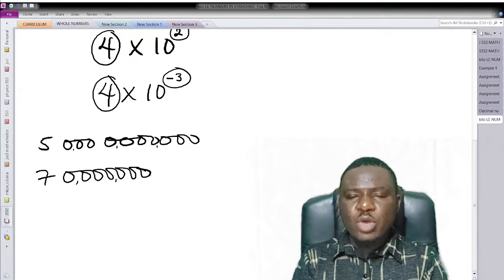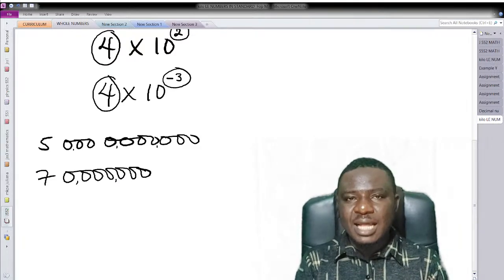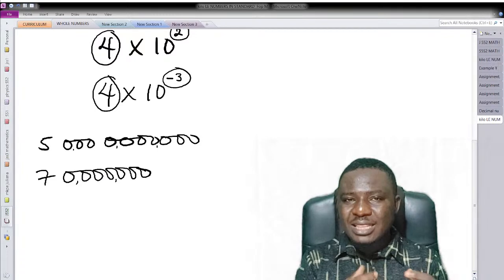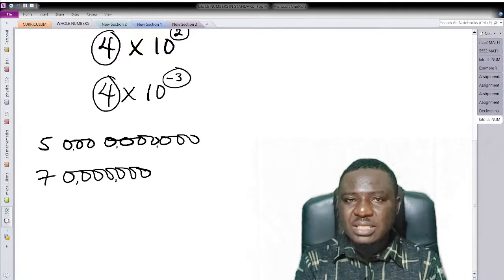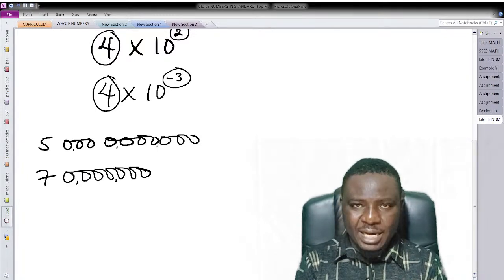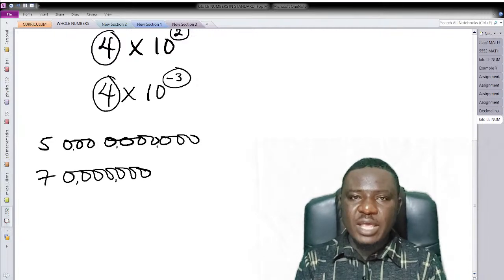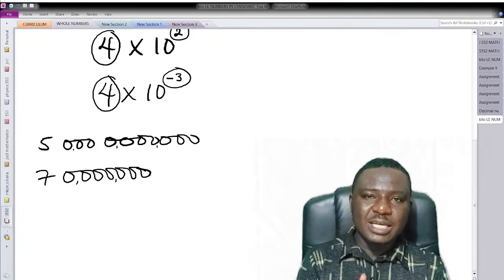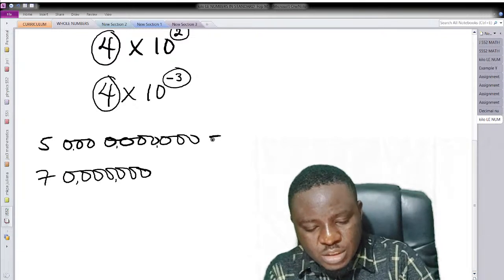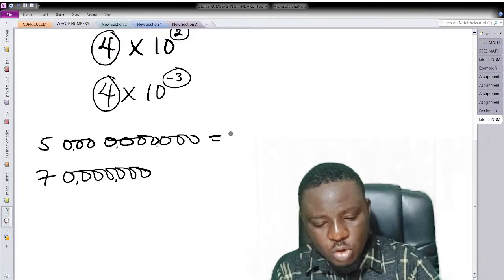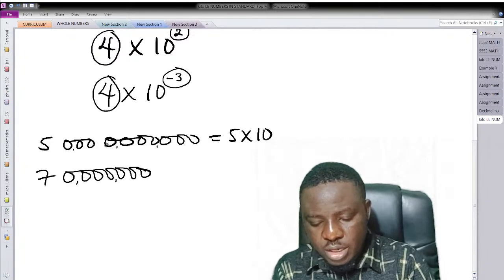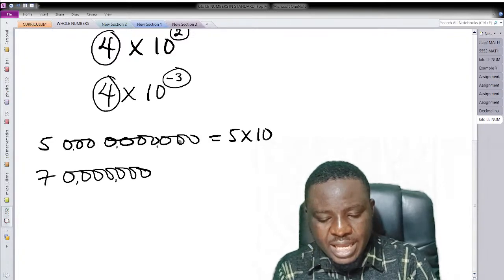Now, that is going to take a longer time to determine which is bigger than the other. But when you express these two numbers in standard form, you can look at the powers of 10 and maybe the values of A to determine which is greater. For example, if I express this in standard form, this is going to be 5 times 10 raised to the power of, how many zeros do we have? 1, 2, 3, 4, 5, 6, 7, 8, 9, 10.